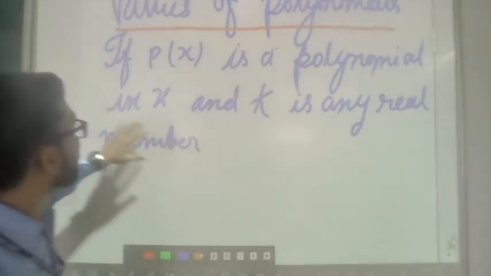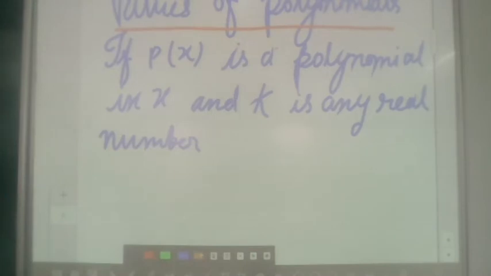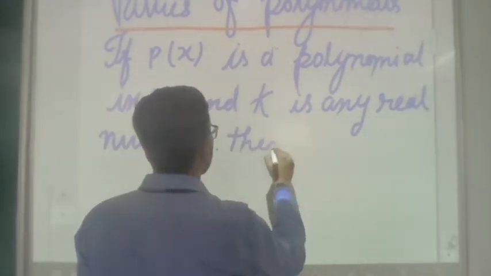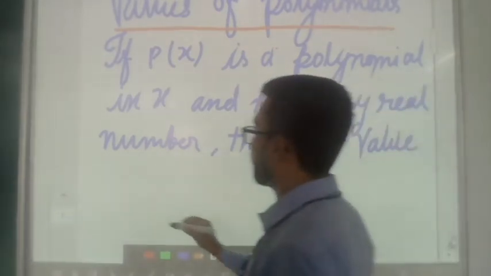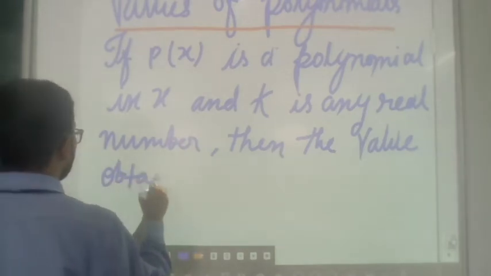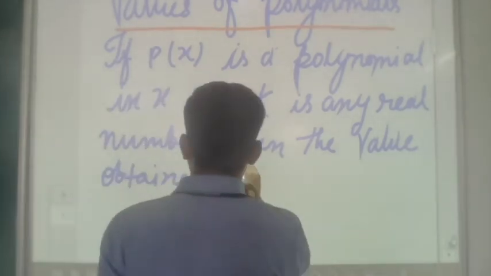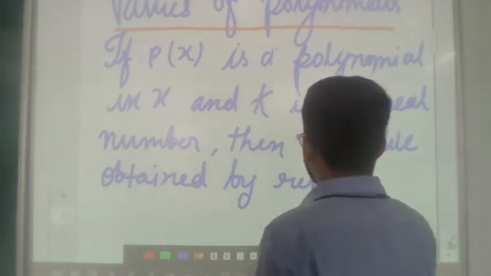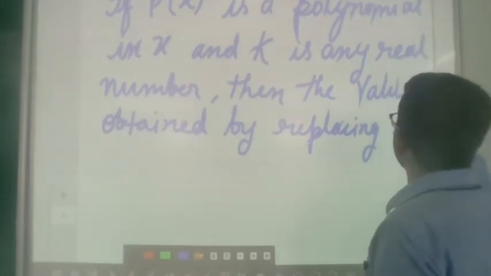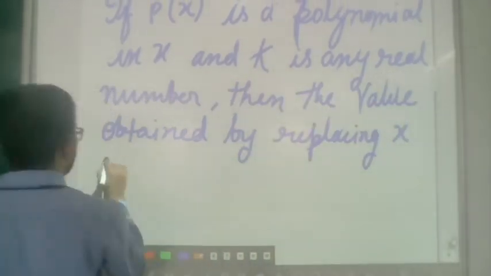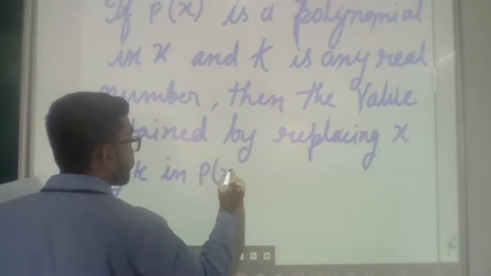If p(x) is a polynomial in x and k is any real number, then the value obtained by replacing x by k in polynomial p(x) is called the value of the polynomial.